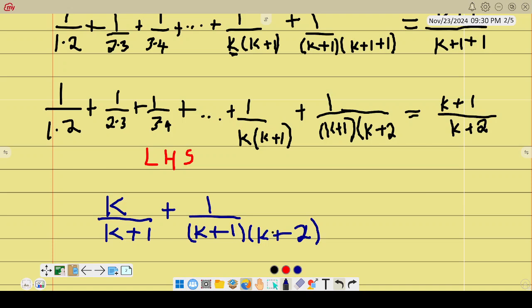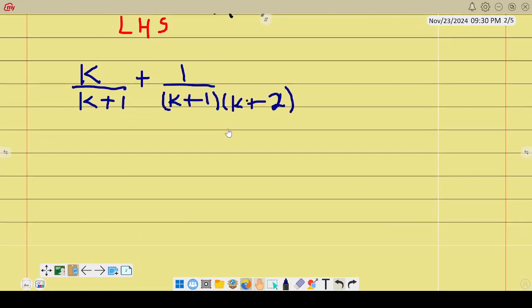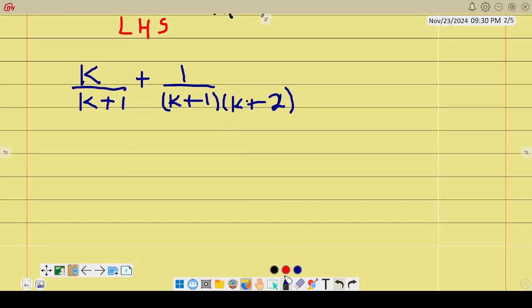Now moving forward, we can express as a single fraction. So how will this look? We have to look for a common denominator.